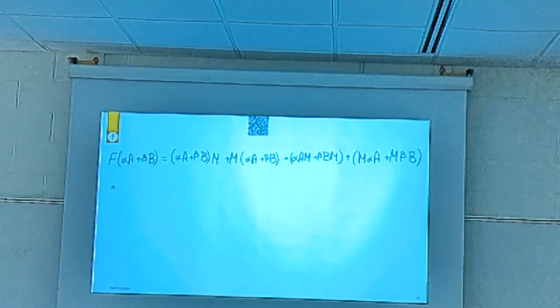Did we say that's both associative and commutative? Right? So we can just drop the parentheses, because grouping doesn't matter.